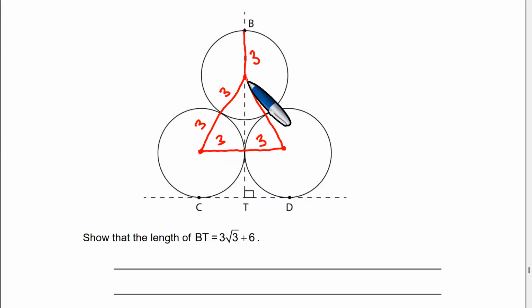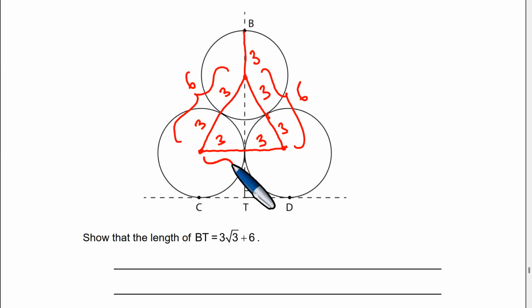This one is also a radius from the center to the circumference, 3. So it means, therefore, this one is 6, 6, 6, like that.